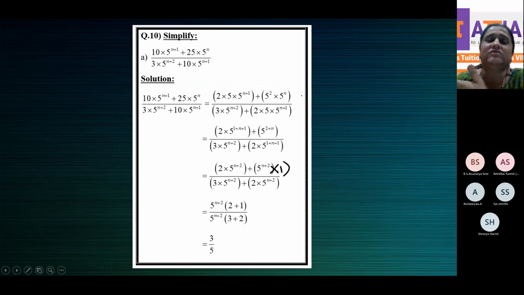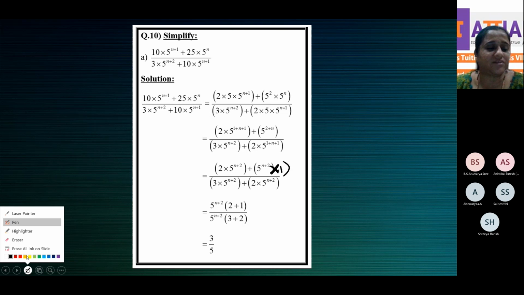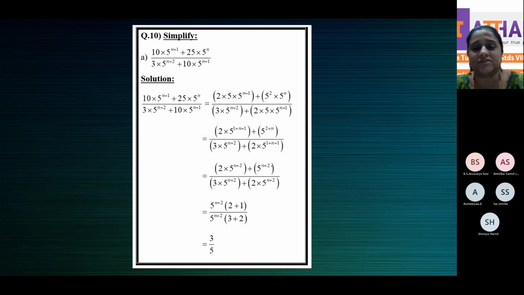You multiply anything with 1, you get the same thing. So if there's nothing along with this, that means it's into 1. Maybe you can write that in the next step so that it becomes clear. Into 1, you can just include that.